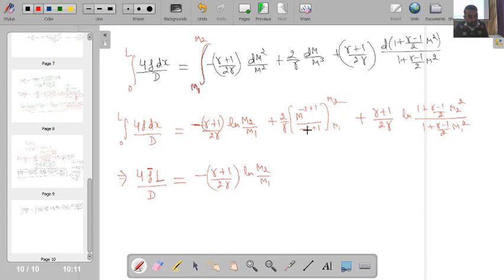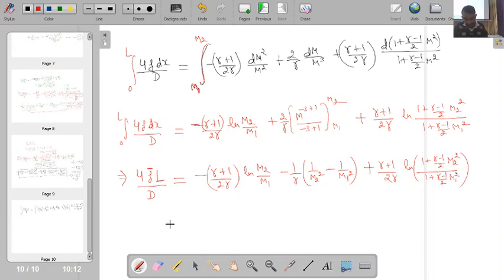This will become minus sign and 2 will cancel. So minus 1 by gamma into this will become 1 by M square. So 1 by M2 square minus 1 by M1 square plus (gamma plus 1) by 2 gamma into ln of (1 plus (gamma minus 1) by 2 M2 square) divided by (1 plus (gamma minus 1) by 2 M1 square).